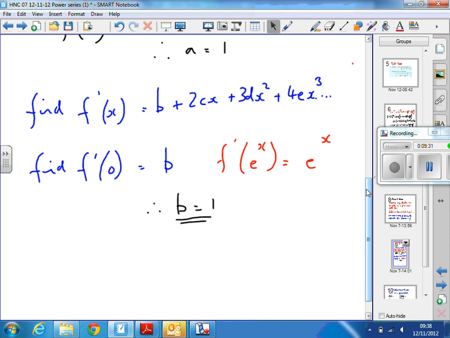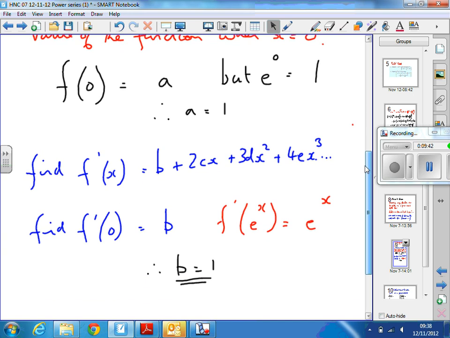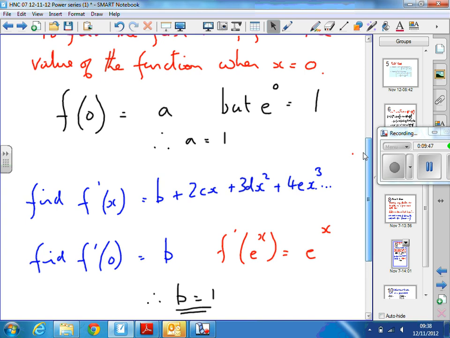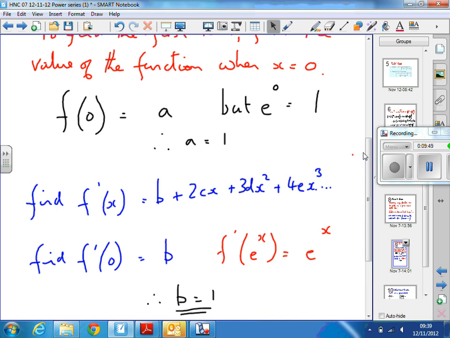Now, what do you think we do next to find c? What do we do next to find c? What do we do to find b? Before we did that, we differentiated it. So what do you think we do now to find c? Differentiate it again. To find c, we find the second differential.